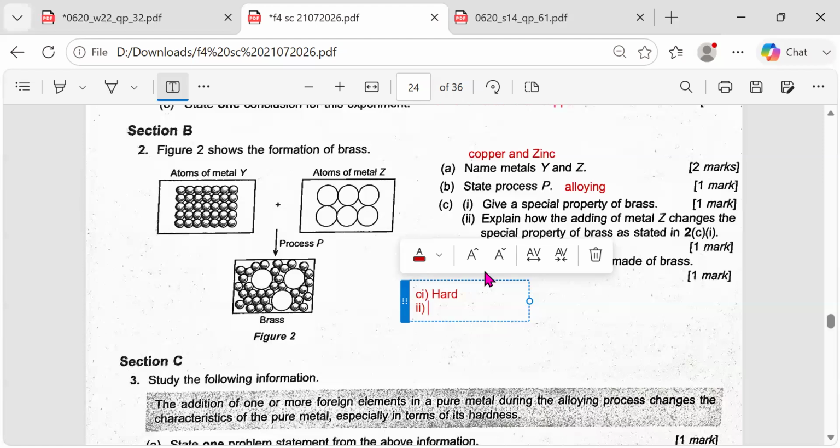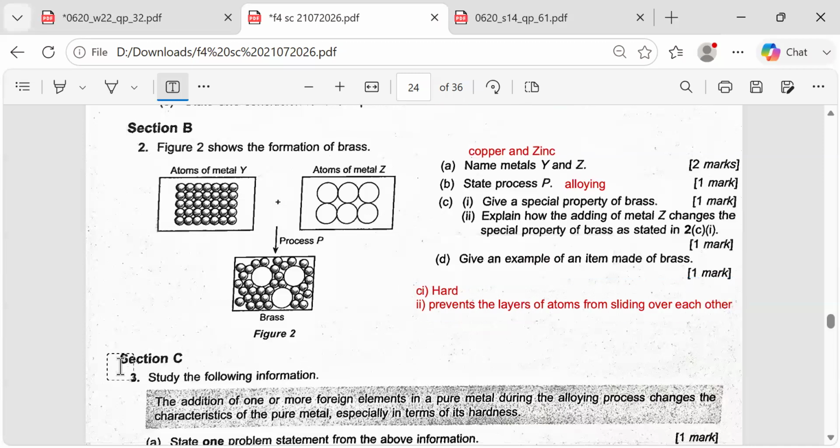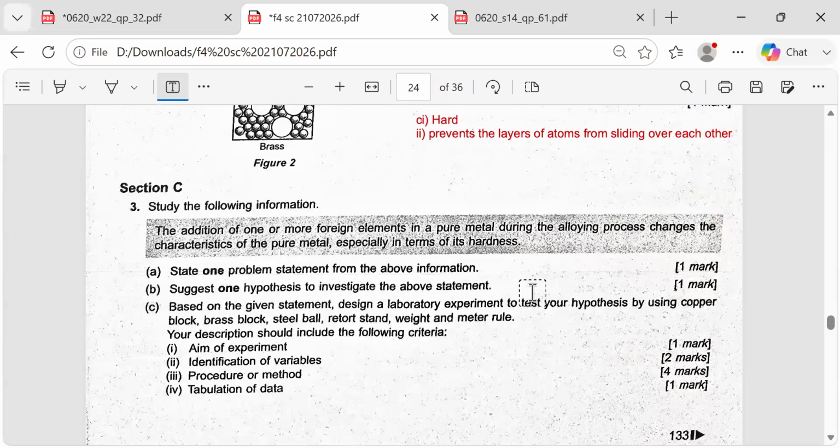Explain how adding Z prevents the layers of atoms from sliding over each other. Addition of one or more foreign elements in a pure metal, through the alloying process, changes the characteristics.